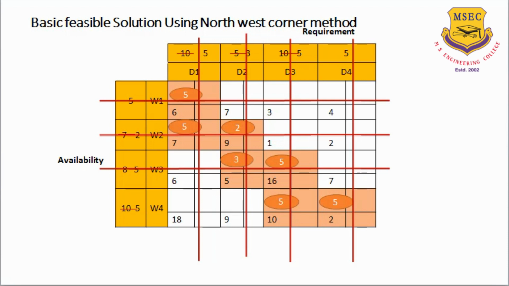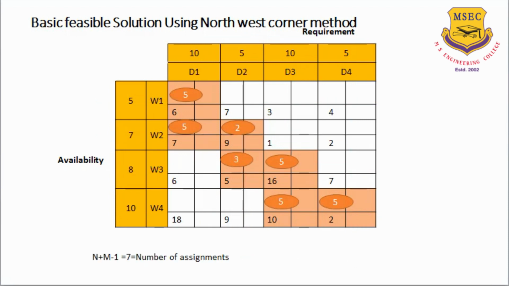If you look, we have 4 rows, 4 columns, and the number of cells allotted is equal to 7. So, the number of rows plus the number of columns minus 1 is equal to 7, which is equal to the number of assignments. Hence, we get a basic feasible solution using the northwest corner method.